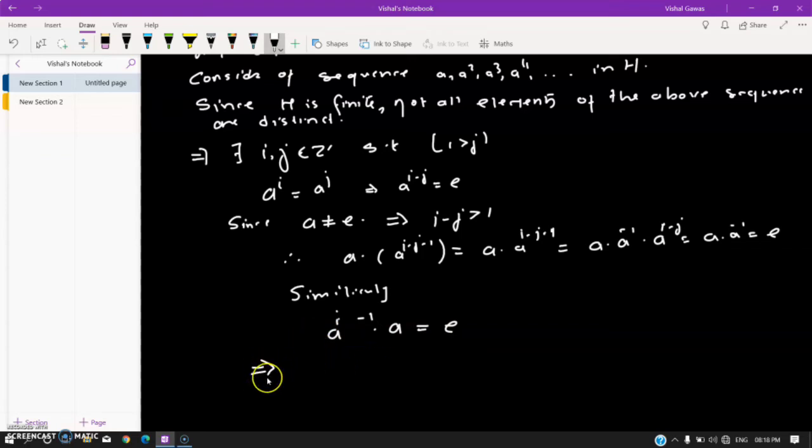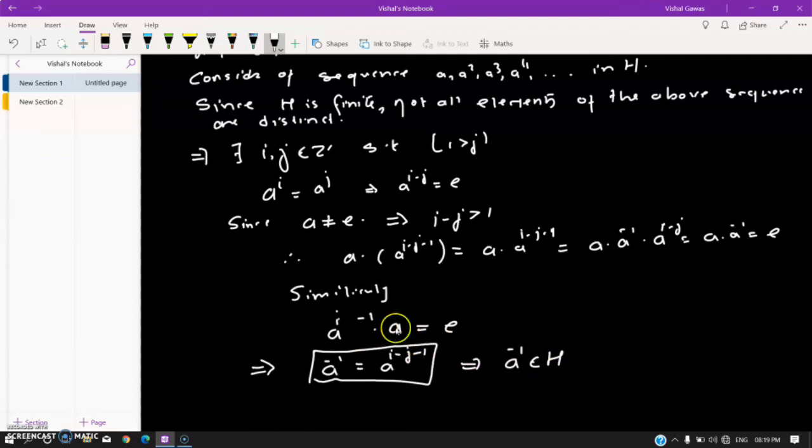This implies that A inverse is nothing but A raised to i minus j minus 1. Its inverse is also some power of A.